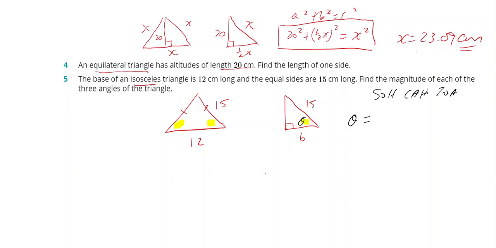So adjacent over hypotenuse, we're going to use cos. So cos of the angle equals adjacent over hypotenuse, so 6 over 15. In order to solve for theta, we inverse cos both sides, so we get theta equals inverse cos 6 over 15. Let's work it out on our CAS calculator.